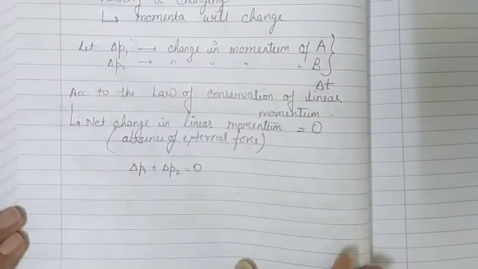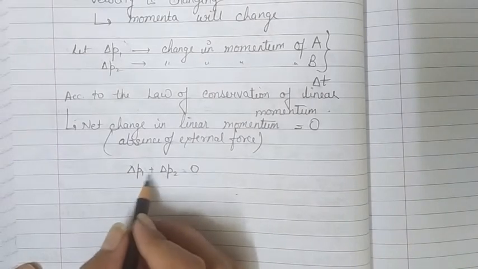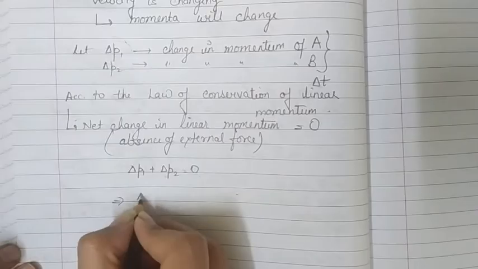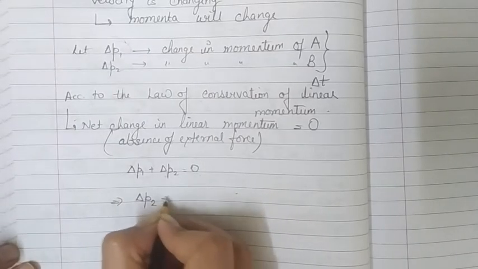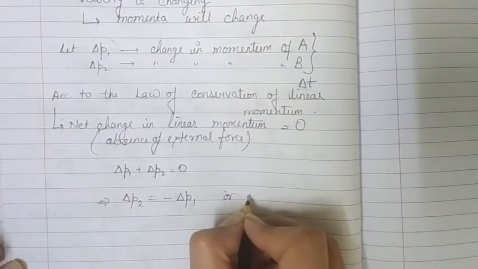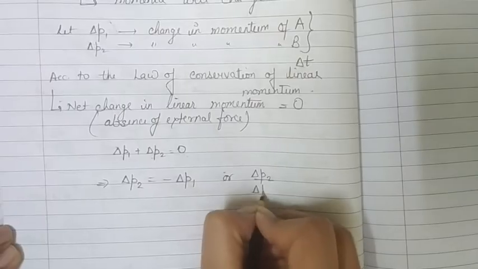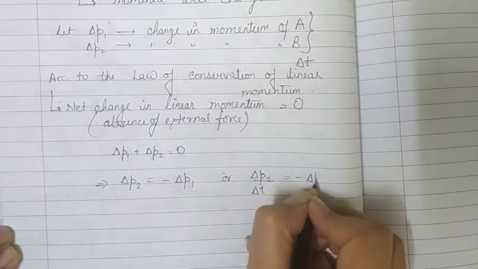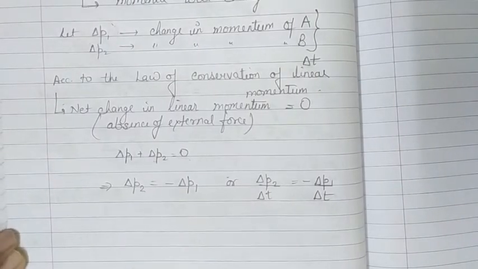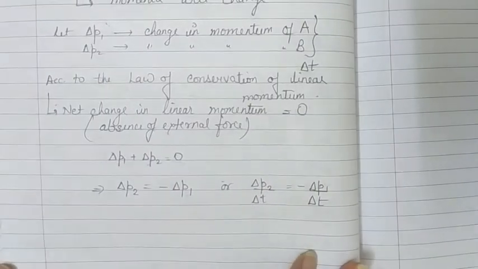So according to the law of conservation of linear momentum, the sum of these two changes in momentum will be 0, which implies delta p2 is equal to minus delta p1. We can also write delta p2 over delta t is equal to minus delta p1 over delta t, where delta t is the time in which this change takes place at the time of collision.